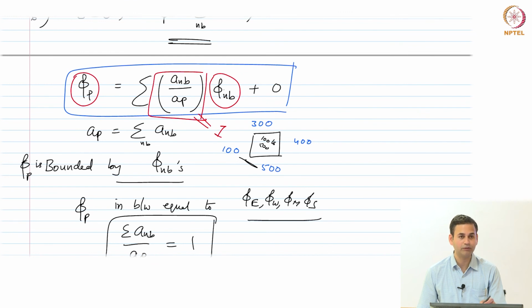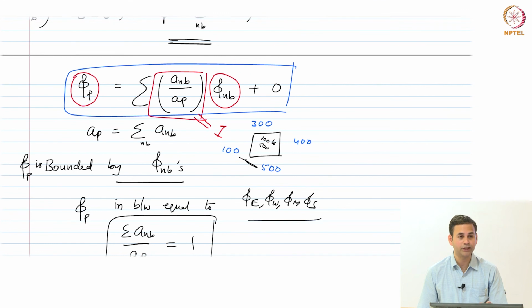As a result, if you have taken some numbers, then this phi P would always come out to be limited by the neighboring values that you have. So, what I suggest is you can choose some A and B's and see for yourself that these fractions would always make it come between these values only.